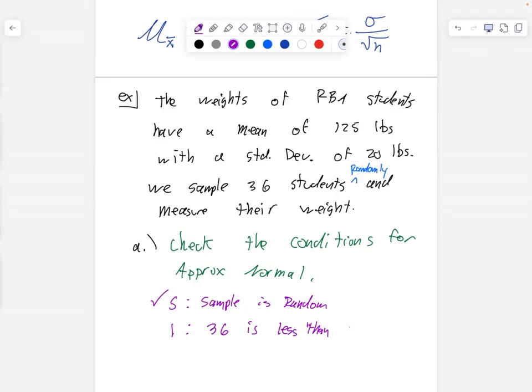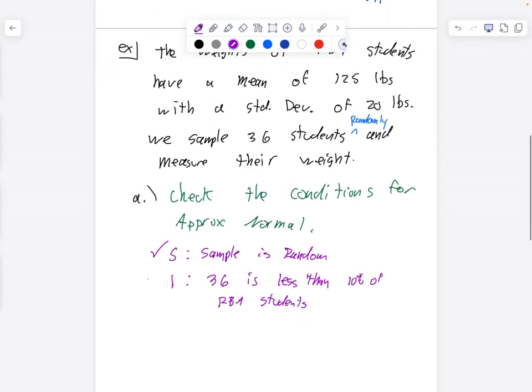N equals 36, which is at least 30. I'm writing it out in words. If you wanted to, you could say N greater than or equal to 30, but I know some of us are still struggling with which direction, so you can write it out in words. So our sample size is greater than 30. So therefore, check.